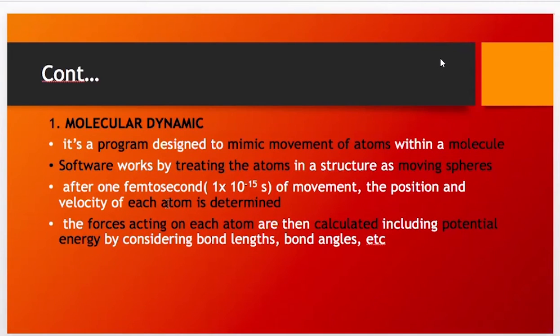Besides that, the potential energy is also calculated. You are also going to look at the bond length and the bond angles.